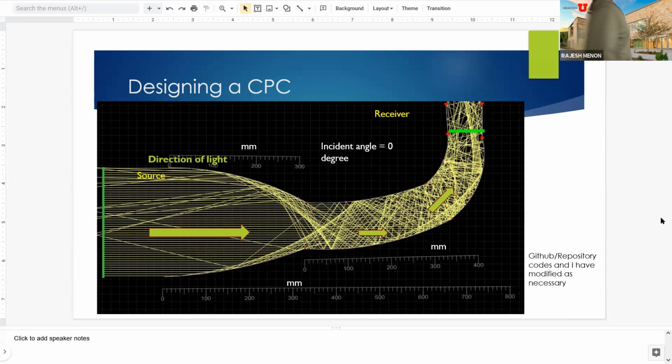Yeah. So, this is the model, at the incidence of 0 degree. We can see there is a monitor shown in green, which calculates the amount of power received at that point.